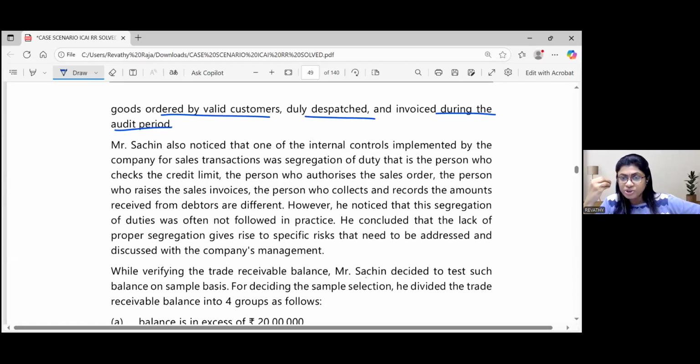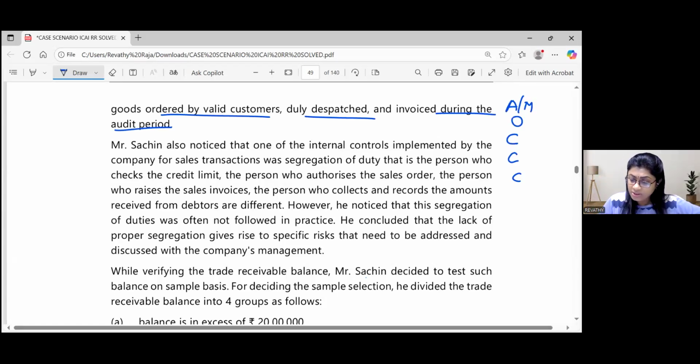Sales is which item: account balance, class of transaction, or disclosure? Sales means it is class of transaction. In class of transaction, mainly accuracy or measurement, occurrence, classification, cutoff, and completeness. These are the 5 assertions in class of transactions.